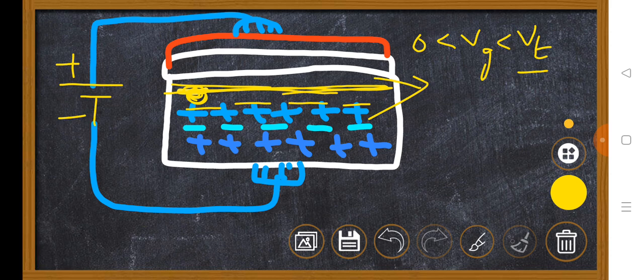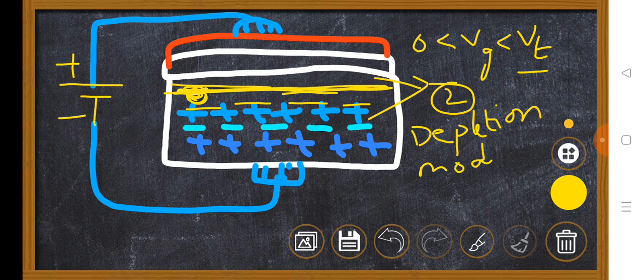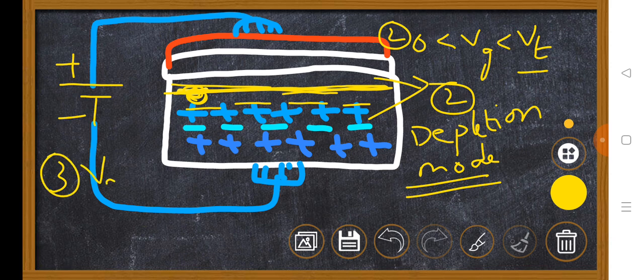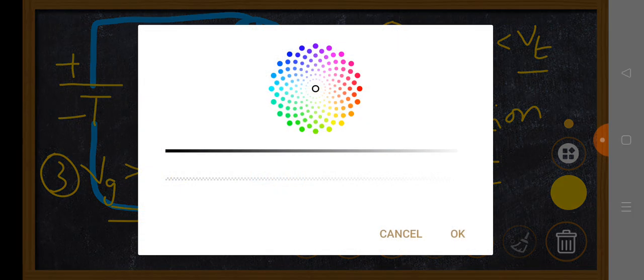Now further, this is the second condition. There are no charge carriers, therefore I can call this mode depletion mode. Is it clear? Now if you further increase your battery, in the third condition, when Vg is greater than the threshold voltage, it reaches a sufficient voltage, and what will happen, guys?